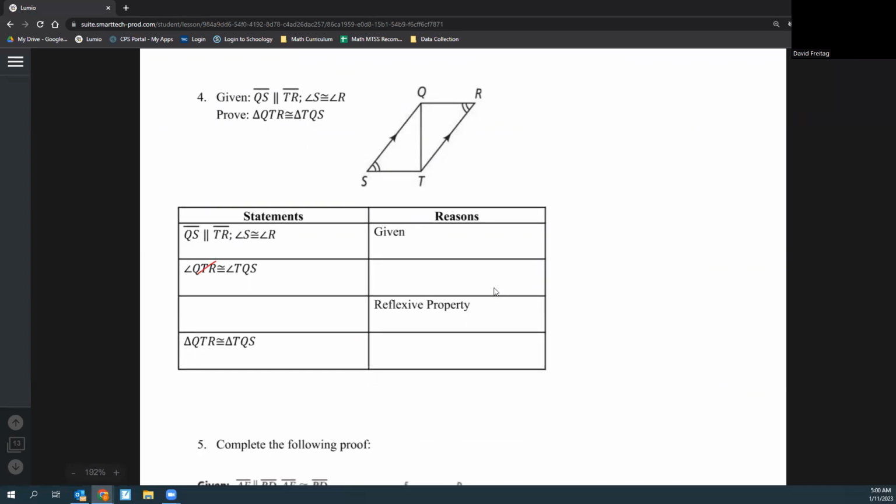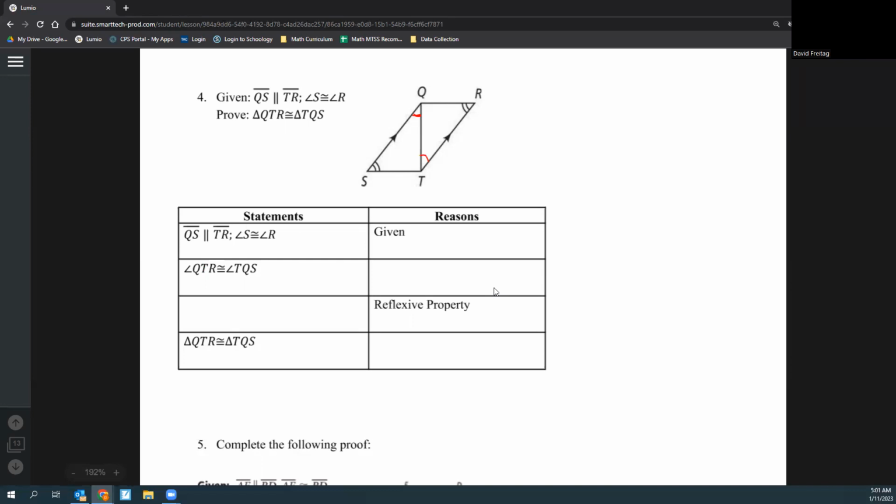Angle QTR, this thing right here, says it's the same as angle TQS because QT is a transversal on two parallel lines.